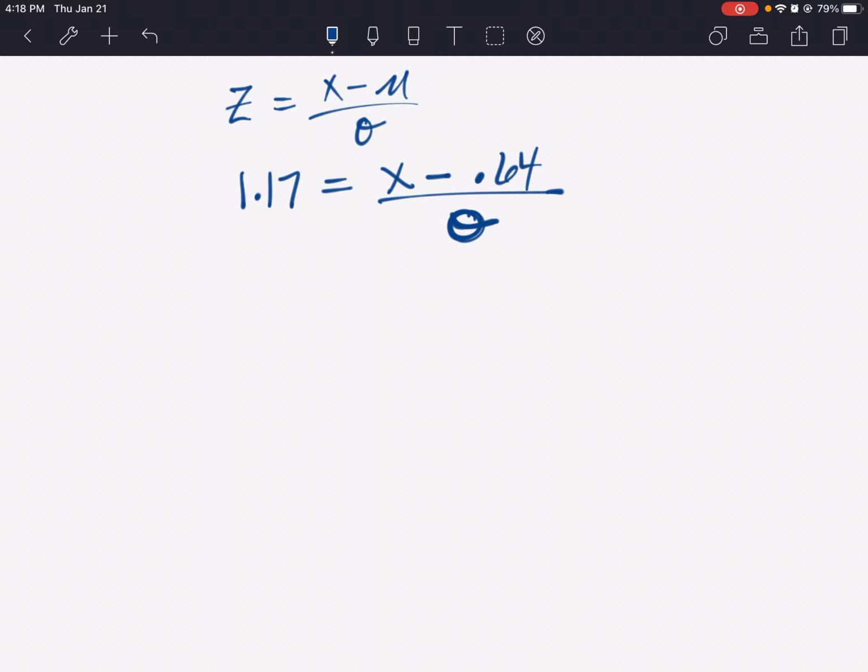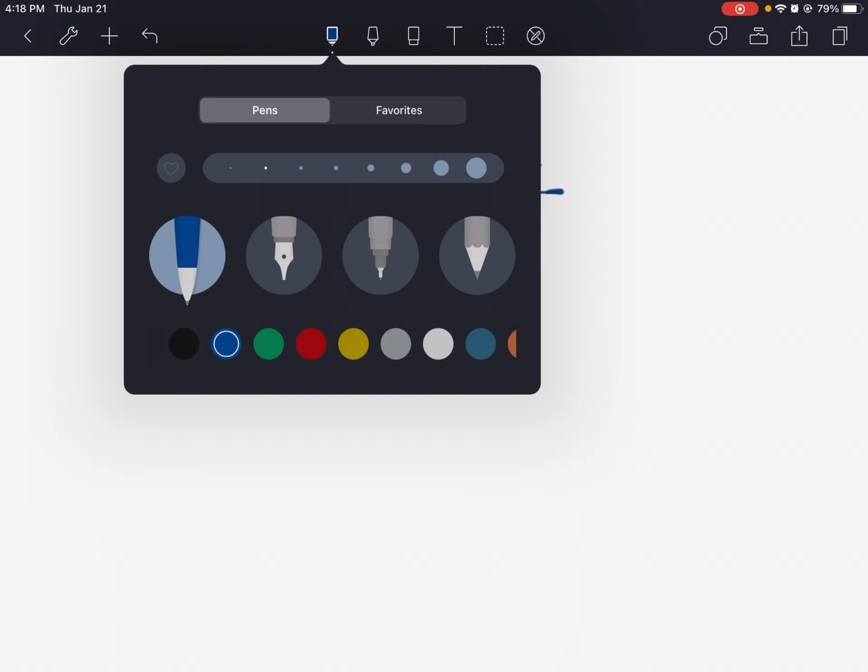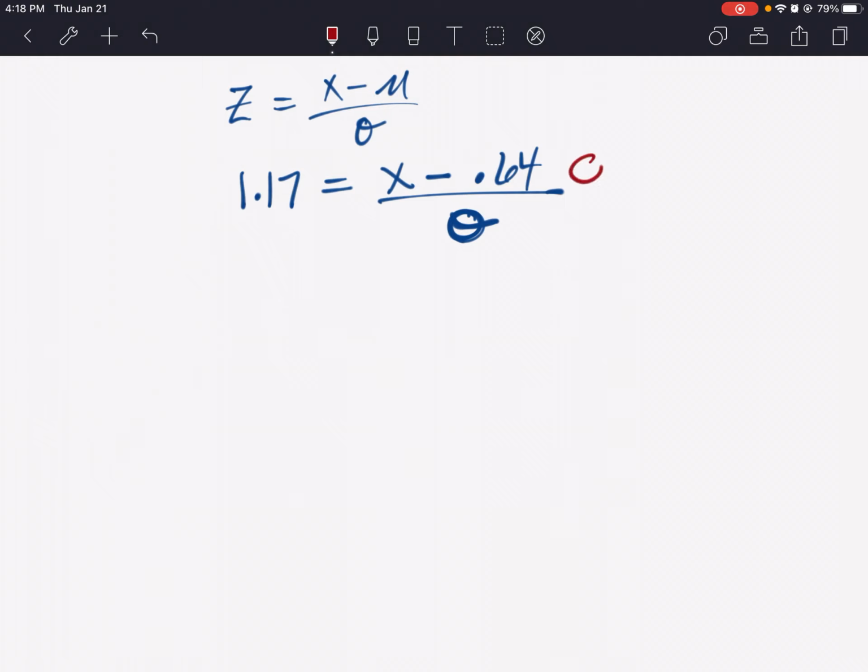That's our variable. Okay, get it off the bottom. We don't want it down there. Multiply both sides by the standard deviation, and the ones on the right cancel, because I have one on the numerator and one on the denominator. So on the left, I'm going to rewrite it as 1.17 standard deviations equals x minus the mean.